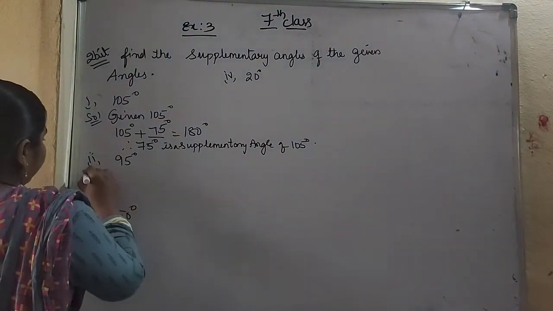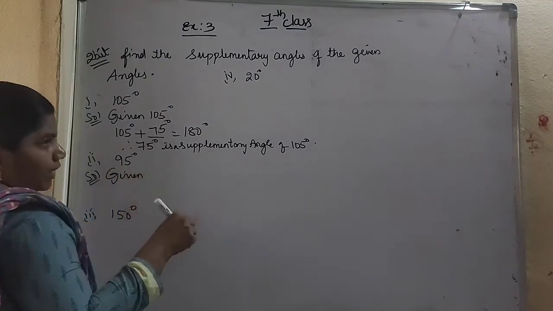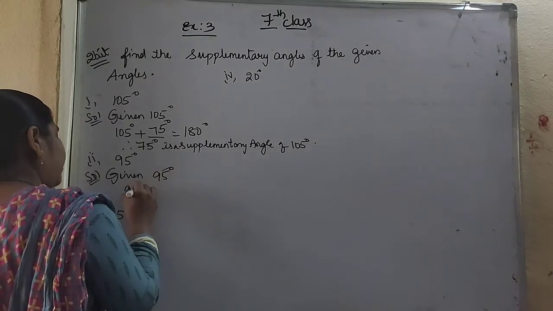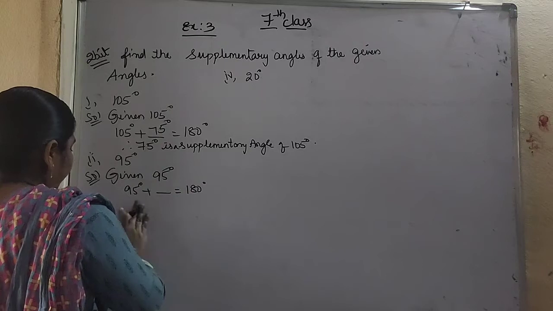In the same way, second one: for 95, how much do you have to add to get 180? So 95 degrees plus what will be equal to 180?